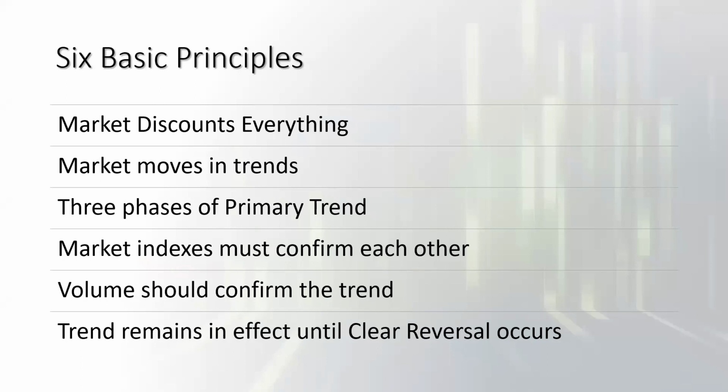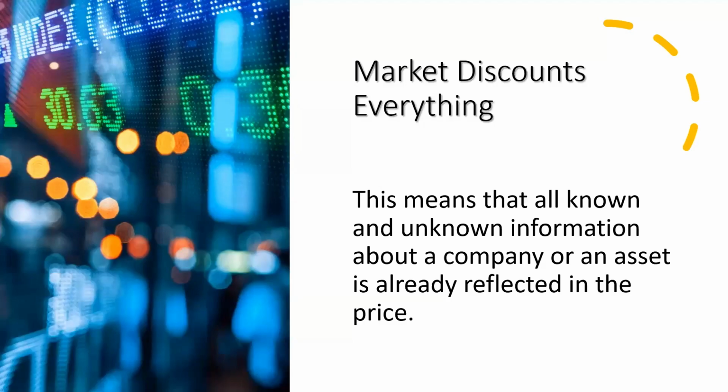So, the first basic principle is market discounts everything. So, what does that mean? This means that all the information, even past, present, or future about the company have an effect on the price reflected in the stock market. So the market doesn't leave anything.